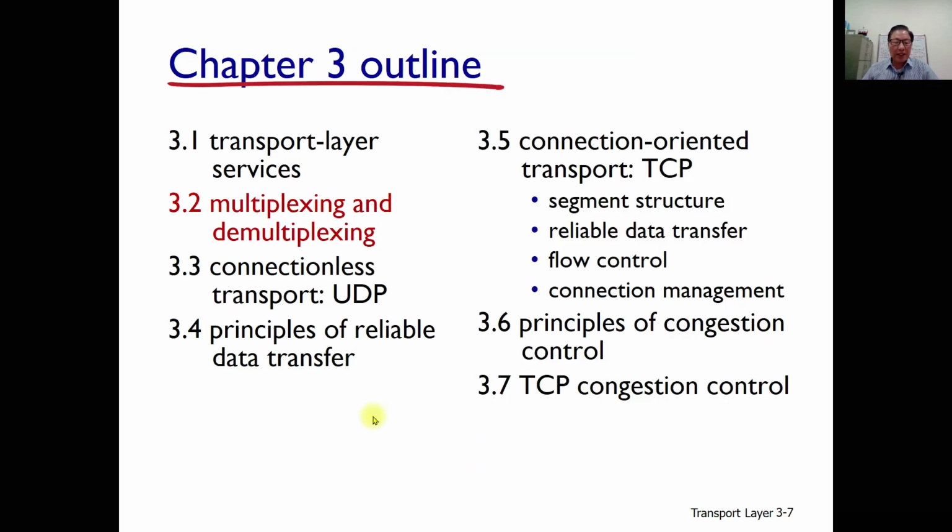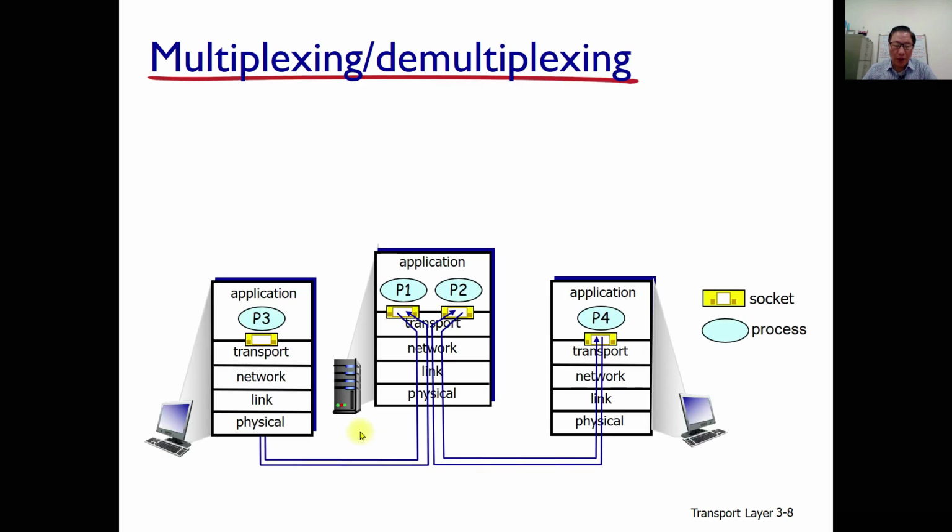Let's move to the next subchapter. The next one is about multiplexing and demultiplexing. This concept is related to both UDP and TCP, so it will be used for explanation of both protocols. Usually, this concept is also used in hardware digital circuitry. Multiplexing means many different signals are combined, aggregated into one.